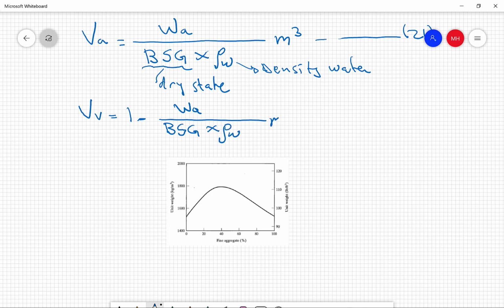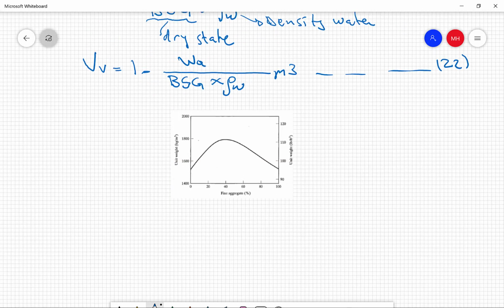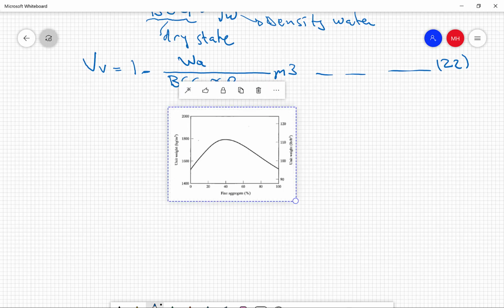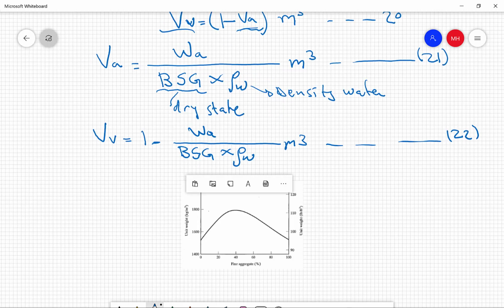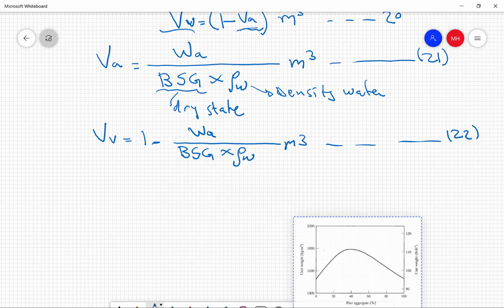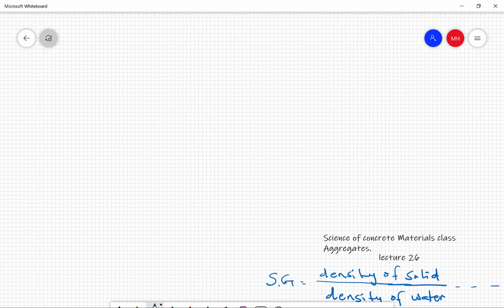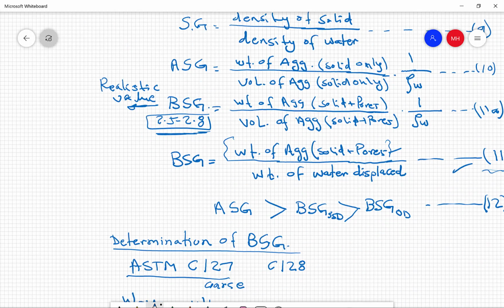And again, in cubic meter. Let's call this equation number 22. And I need to slide this down again. All right. I lost the whole thing. I'll bring it back.